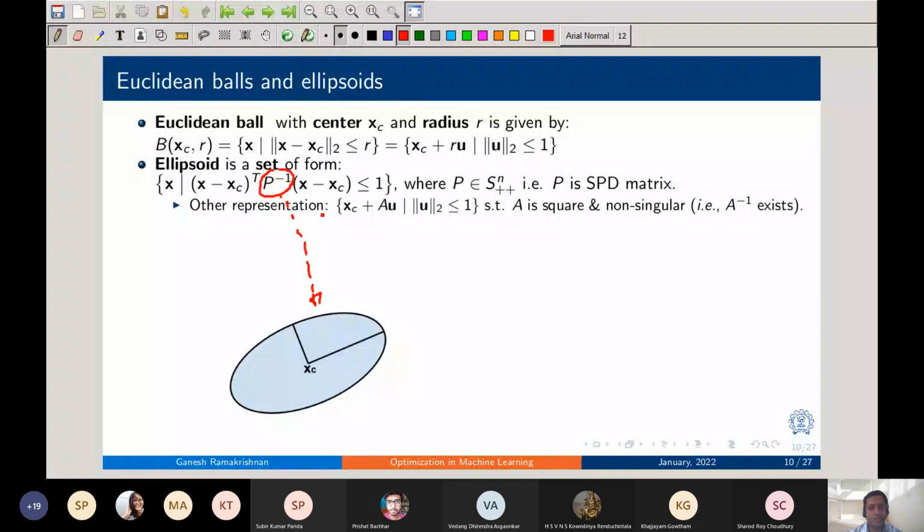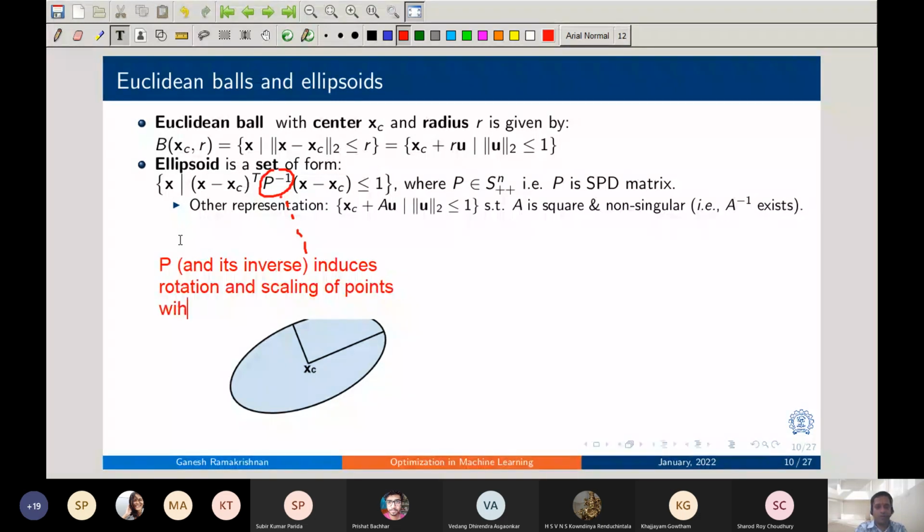It's doing two things: P inverse induces the rotation and scaling of points within a Euclidean ball.